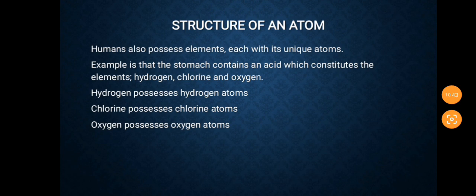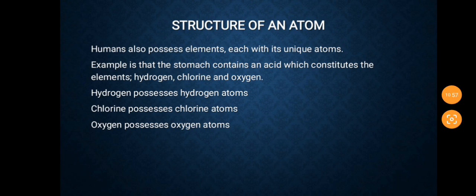Hydrogen as an element possesses hydrogen atoms. Chlorine as an element possesses chlorine atoms. Oxygen as an element possesses oxygen atoms. So each element has its own atoms, and they are found in both living and non-living things.